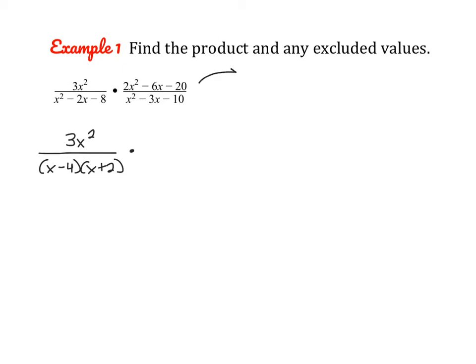So I'll kind of do this on the side. So it'd be 2 times x squared minus 3x minus 10. And then this, we can actually factor more using magic x. So the entire expression becomes 2 times x minus 5 times x plus 2.